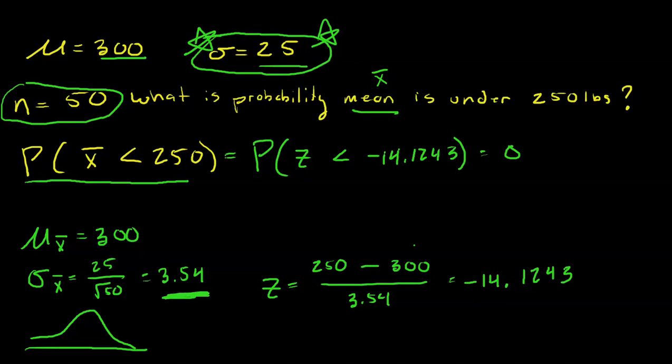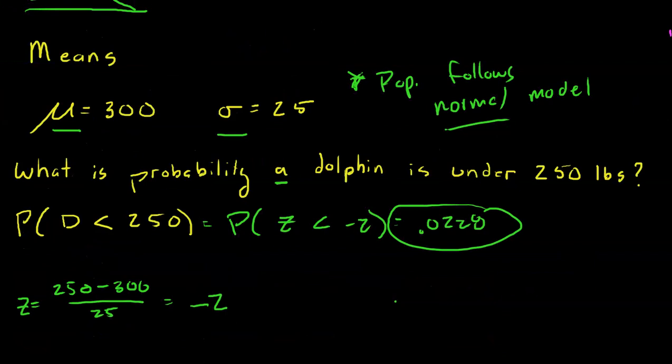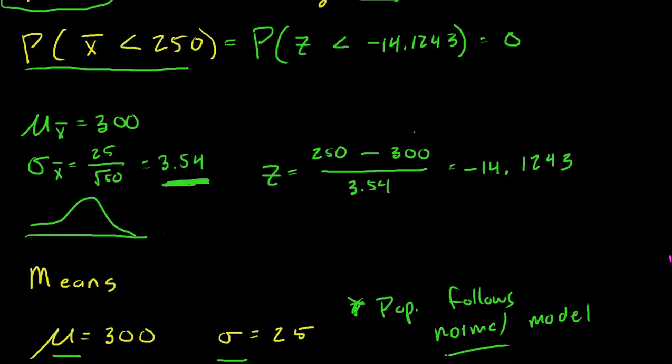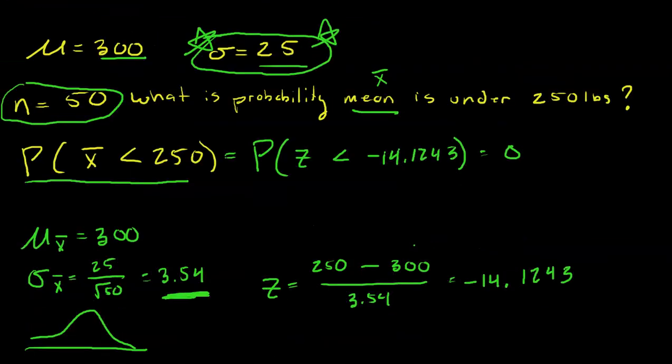So this is another great time where we could pause real quick. Why down here with one dolphin was it fairly likely? I mean, 2% is not unbelievably low. Why was it at least in the realm of possibilities that one dolphin could be under 250, where with 50 dolphins, it was completely impossible? Well, that's because bigger samples vary less.